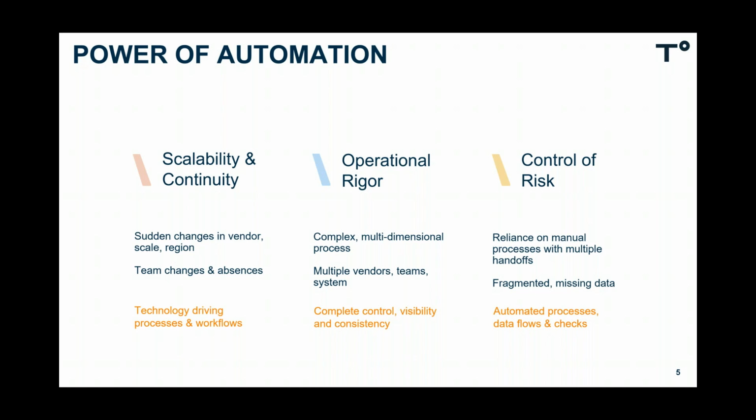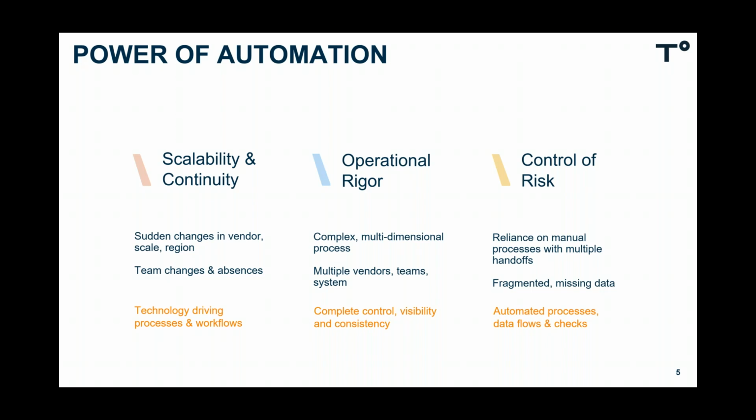And everybody using the same data and information at the same time to do their piece of the mobility puzzle. You have complete control, you have complete visibility of everything that's happening within your program, and you're delivering a solution that's very consistent.